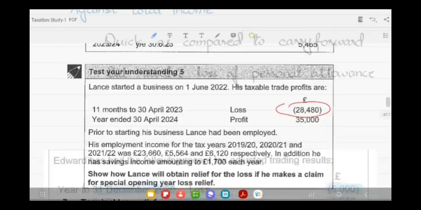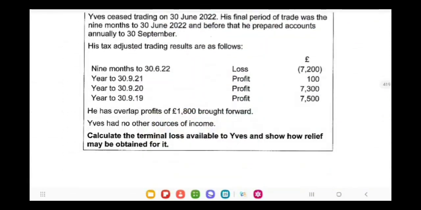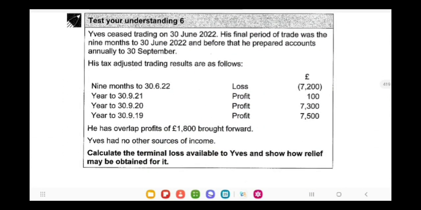So, in this regard, we have an example. You have ceased trading on 30th June 22. His final period of trade was the 9 months to 30th June 22. The dates are similar to what we have taken in our example, and before that he prepared accounts to 30th September. 9 months to 30th June 22, 7,200 of loss.